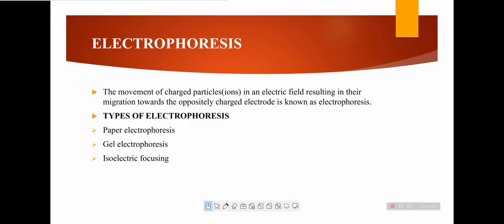The electrokinetic phenomenon of electrophoresis was first observed by Russian professor Peter Ivanovich Strakhov and Ferdinand Frederick Reuss at Moscow University in 1807.